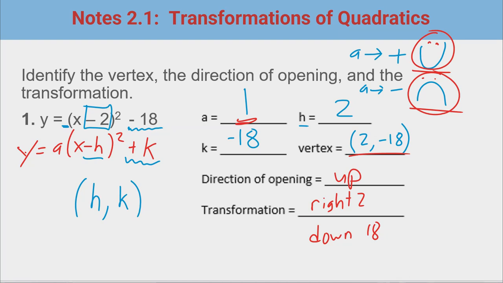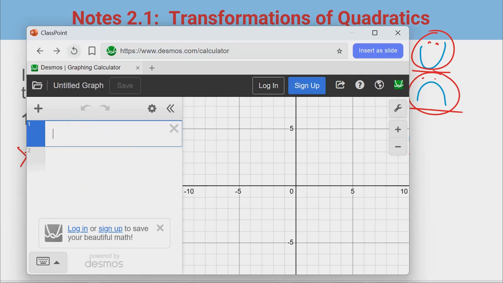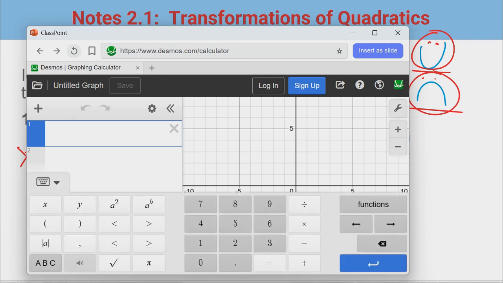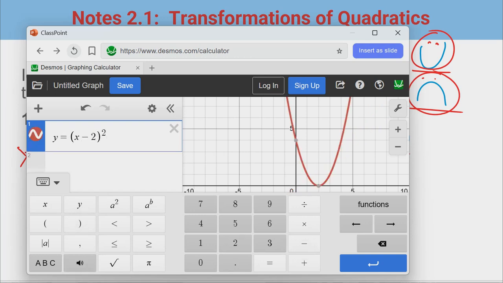So using Desmos, I could graph that original y equals x minus 2 squared minus 18.